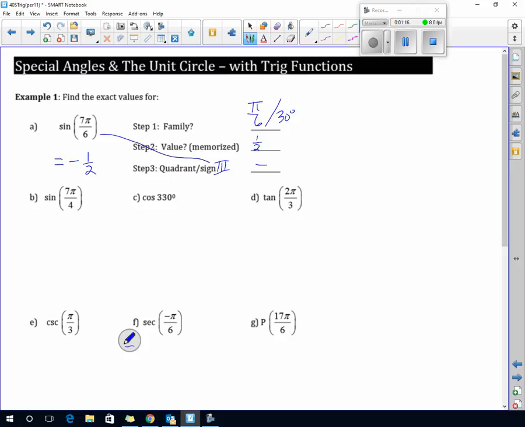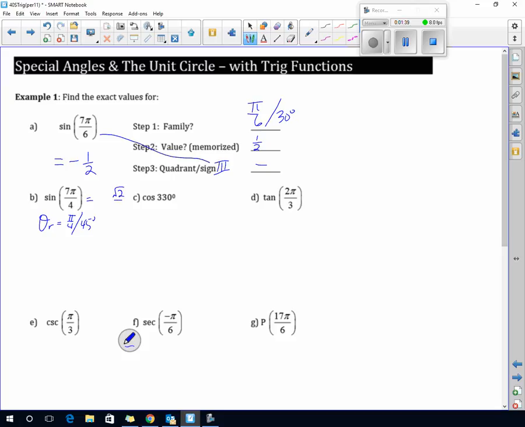So 7 pi over 4, right? The family or the reference angle would be the pi over 4, or the 45. However you want to remember it, it's the middle finger that goes down. Sine, again, would be the 2 fingers. So that would mean this would be equal to root 2 over 2.